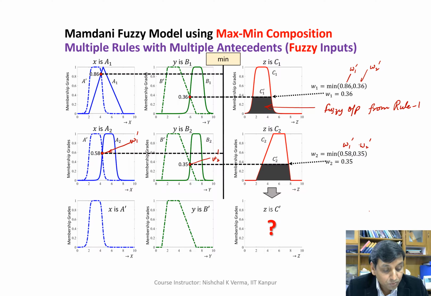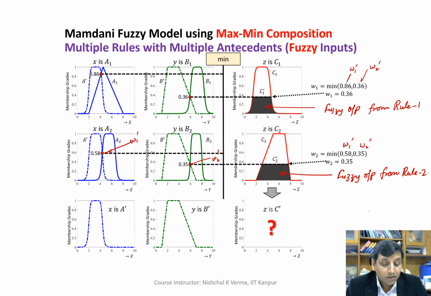So W2, which is the outcome corresponding to the second rule, with this W2 we truncate C2, and this becomes C2 dash. So this we can write as the fuzzy output from rule 2. Now, here we are using max min composition. So min is utilized here.